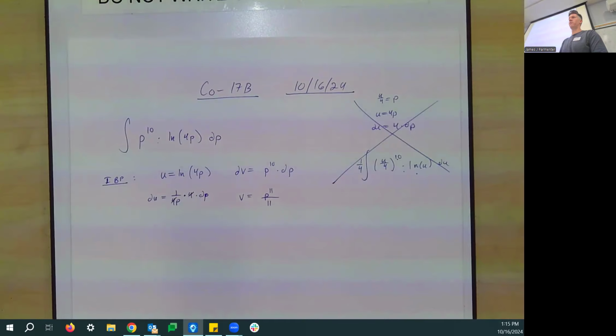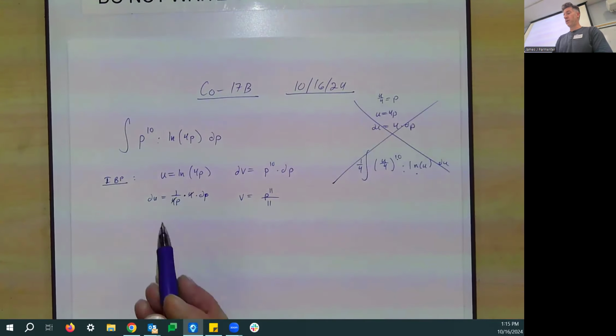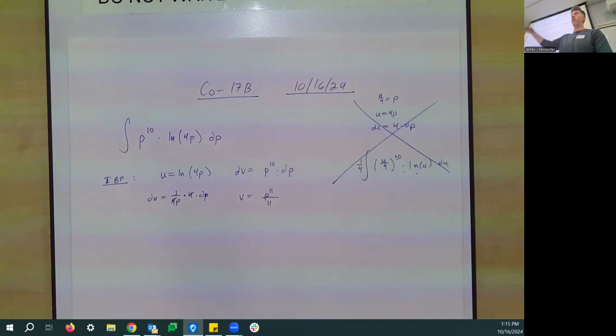I should also point out, just very broadly, whenever you have your variable to a power multiplied by natural log of your variable, it's always going to be a one-shot integration by parts. You're going to let U equal the natural log thing. Your dv is going to be the thing to a power.